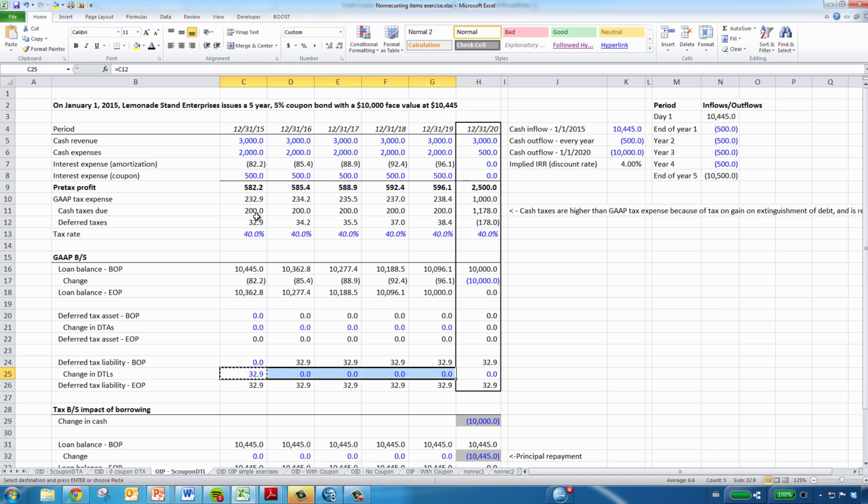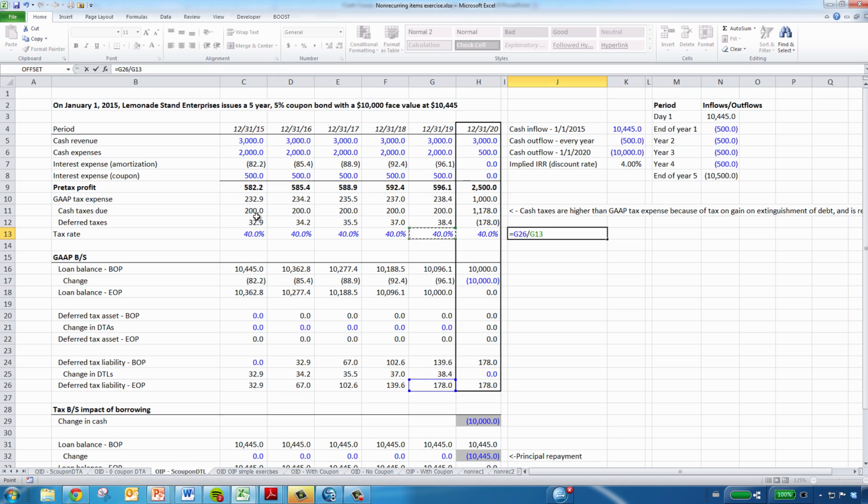And so this is what we see, the creation of deferred tax liabilities, so that we get to the 178 by the end of the period and a complete reversal when the gain is recognized. And that 178 divided by the tax rate is exactly equal to the 445 difference between the face value and the book value and the original issue premium.